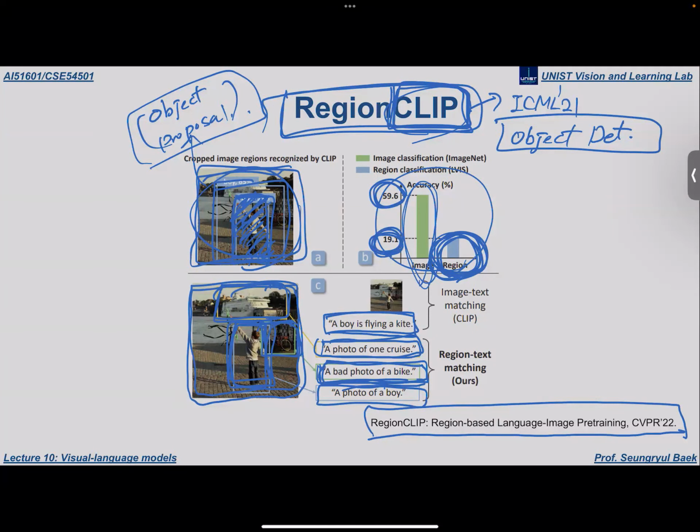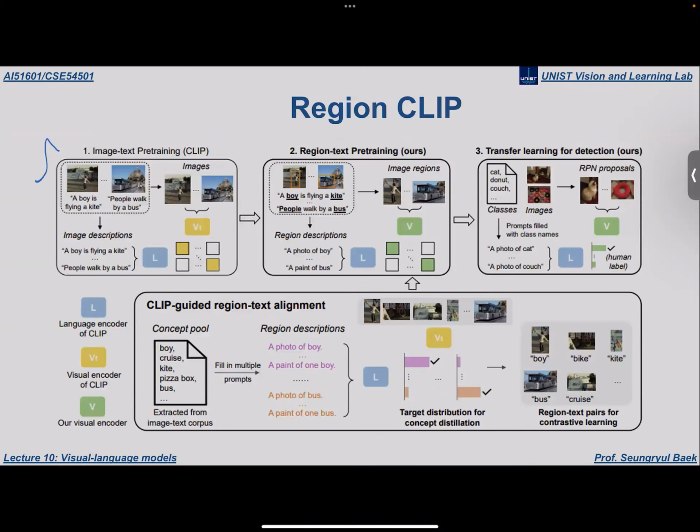So this paper proposes a component that can align regions and text, instead of the whole image and text.